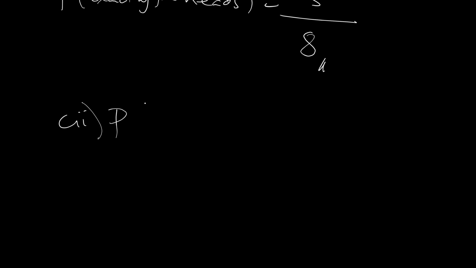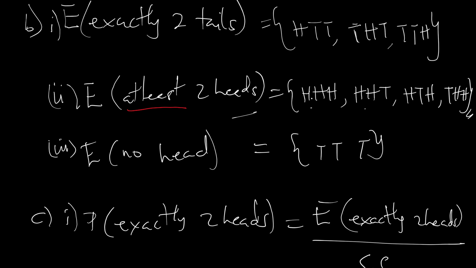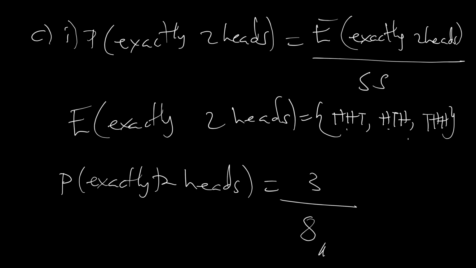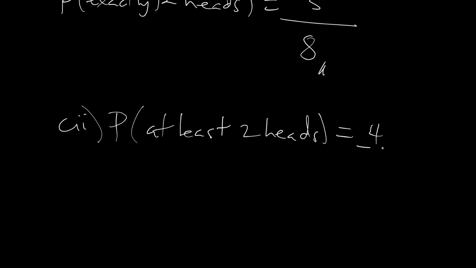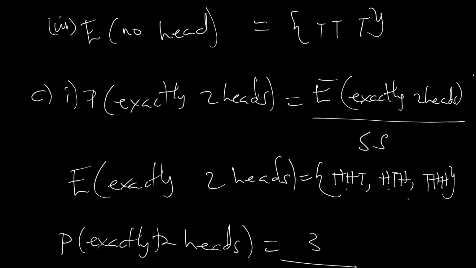So the probability of obtaining at least 2 heads will be the event, which we already know is 4, over the total, which is 8. So 4 over 8, and that's the same as 1 over 2. So this brings us to the end of question 5.